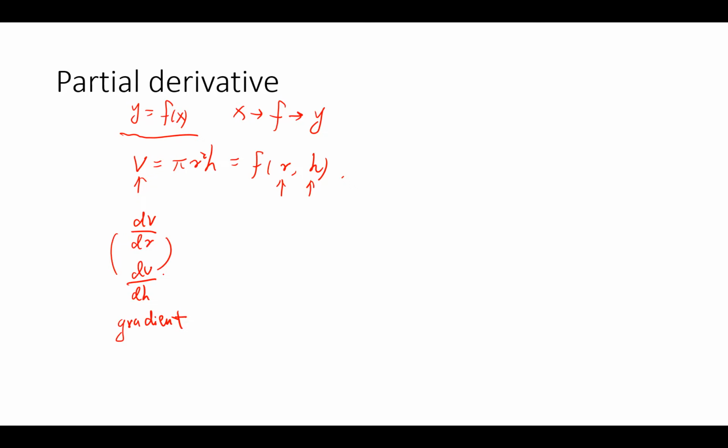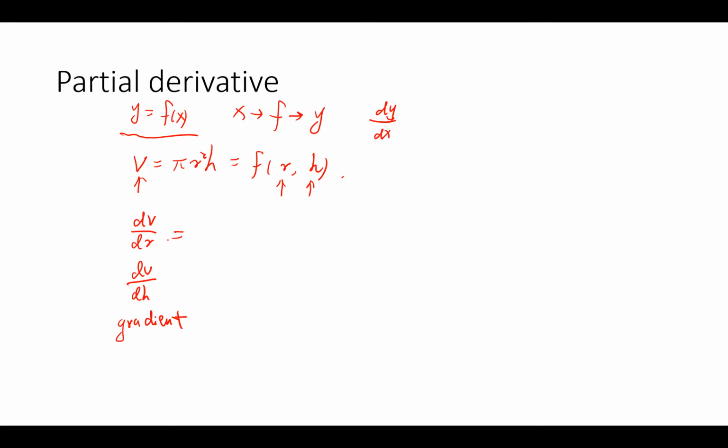If it's one-dimensional, for example dy over dx with only one input x, then the gradient is just the derivative itself. Now, how do we calculate the partial derivative? We can just use the derivative rules.